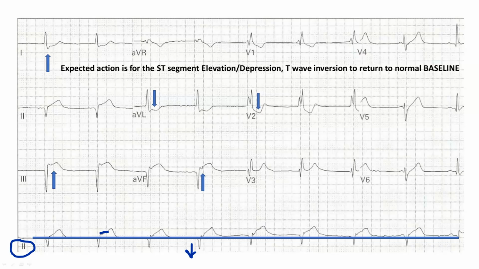So again, remember, I don't expect you guys to understand the difference between your lateral and anterior and posterior and what all these leads mean. That's for the doctors, but it does give us a good clue that I do need to perform some immediate interventions when I do see changes in these ST segments. And here I got T-wave inversion.